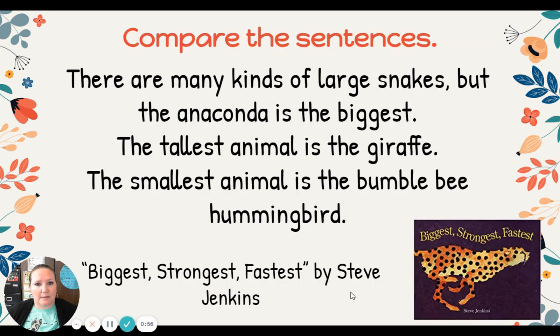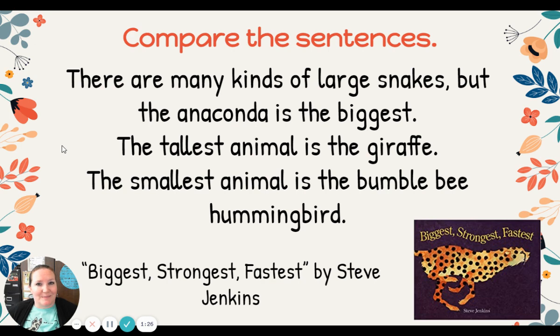Comparing 3 dogs. Let's compare some sentences. Yesterday we talked about our mentor sentence from the book Biggest, Strongest, Fastest by Steve Jenkins. Here are a couple more sentences from the text. There are many kinds of large snakes, but the anaconda is the biggest. The tallest animal is the giraffe. The smallest animal is the bumblebee hummingbird.